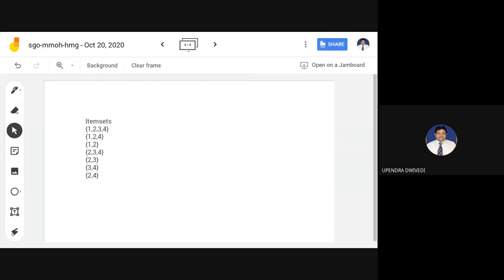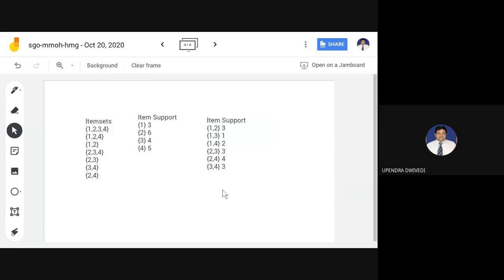Now is it visible? Okay. So earlier we have count the item set having a single occurrence. Now what we'll do here, we'll count the item set having a support of two times. So just let us count it here.